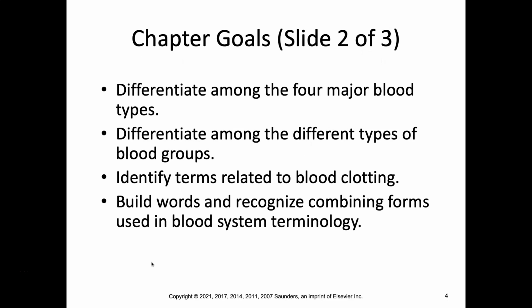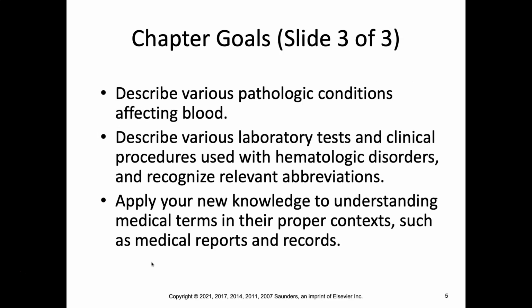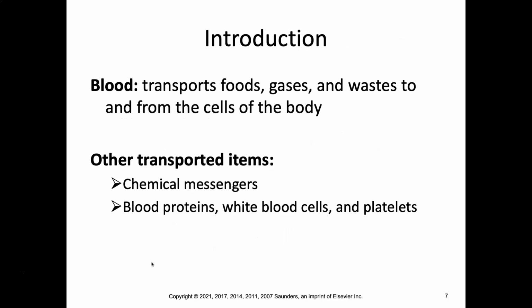We want to talk about the different blood types and what is different about those types and groups. And then blood clotting, we will look at combining forms. We will talk about what can go wrong with blood, lab tests, clinical procedures, abbreviations, all of those things, as well as the medical terms themselves. So let's go on.